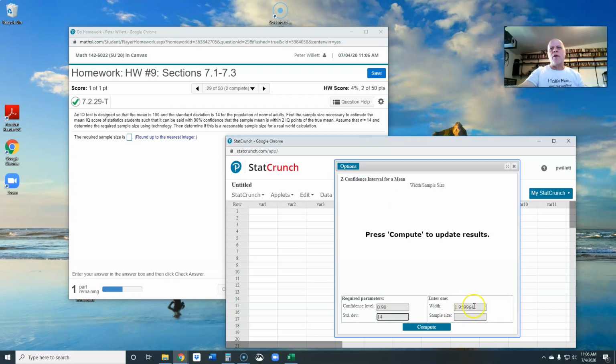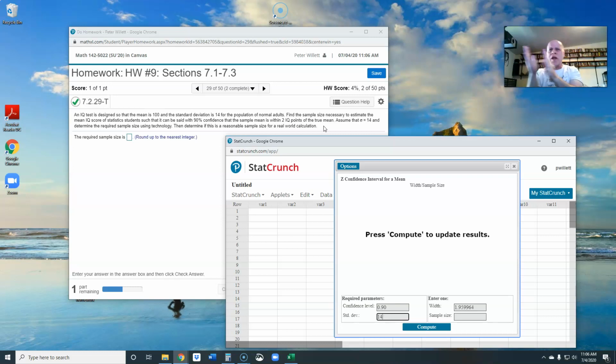Now we need to figure out the width of our confidence interval, which means the range of values. So it says that we want the sample mean to be within 2 IQ points of the true mean. To be within 2 points, it means you could be 2 points below or 2 points above.